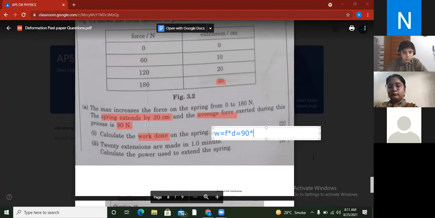So what you have to do, you have to convert centimeter into meter first. We will get 0.3. Am I right? So what will be the answer? 90 multiplied by 0.3, we will get 27 joules. So this is the answer for part number 8.